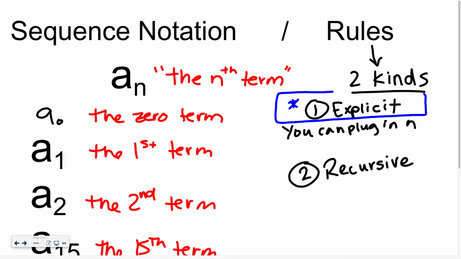So like if you want the 15th term, you can plug in 15 and immediately get a sub n. So it's just kind of like a regular function notation where it's like, okay, here's the function, plug in your x, get out your y. So it's like, here's the sequence rule, plug in n, whatever term you want, and it'll chug out a sub n.